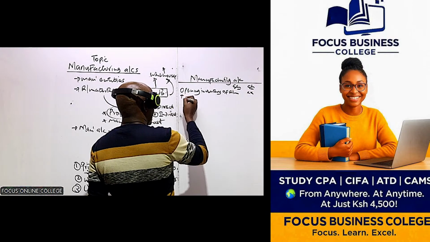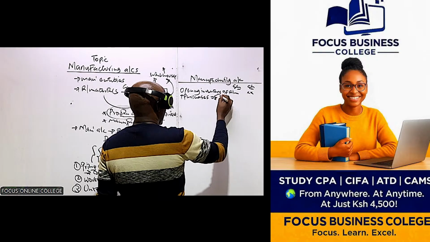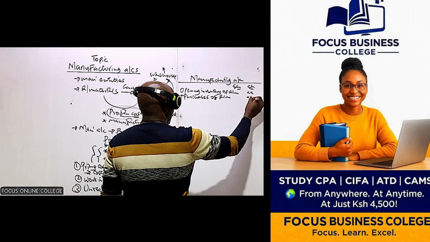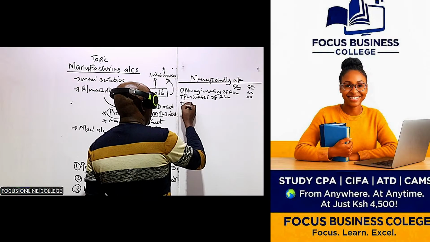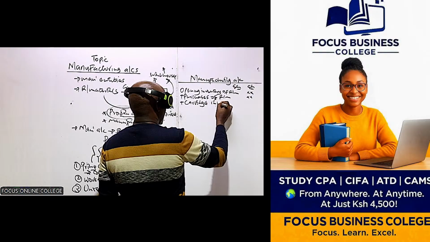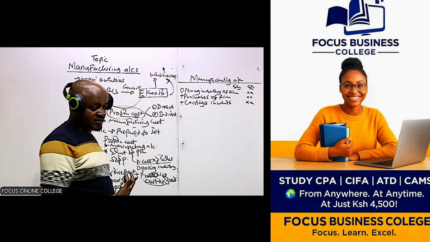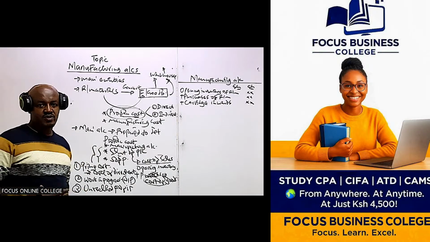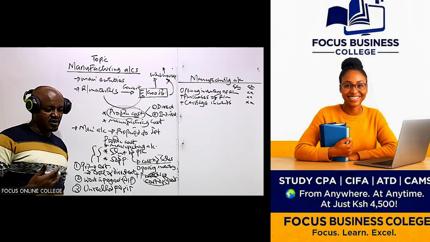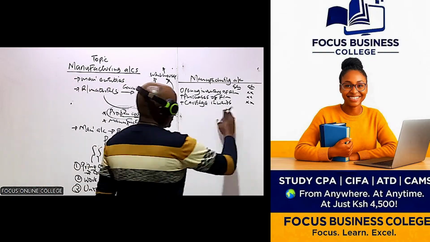To this we add the purchases of raw materials, the raw materials which were purchased. To this we add carriage inwards of raw materials. I hope you remember what carriage inwards is: it is any transport cost. Maybe a manufacturing company has bought some raw materials and there is some transport cost incurred. So that is carriage inwards.